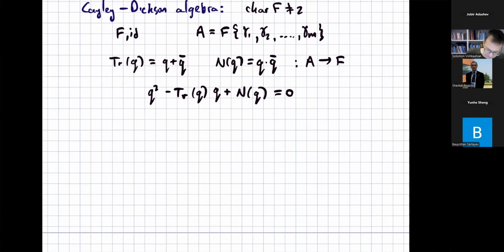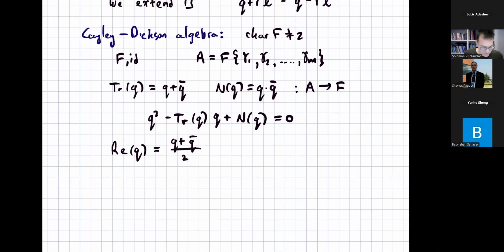We also have the definition of the real part of an element, which is q plus q bar over 2, and the imaginary part, which is q minus q bar over 2.